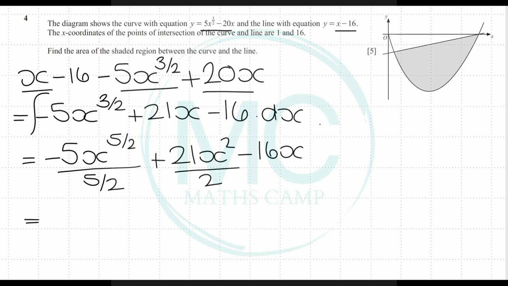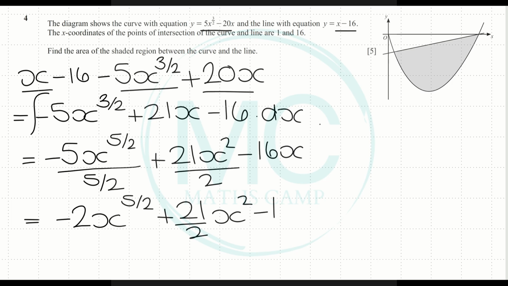Negative 5 divided by 5 is 1, multiplied by 2, so we get negative 2x with an exponent of 5 over 2 plus 21 over 2 x squared minus 16x. Next we need to substitute our x restrictions, 1 and 16, into the x values of our integrated equation.